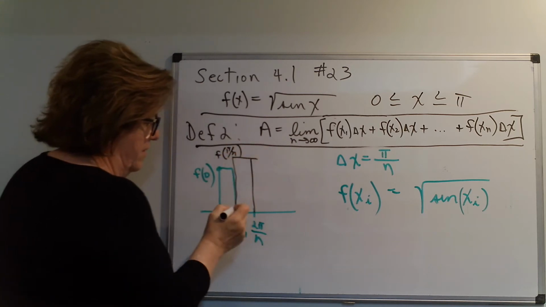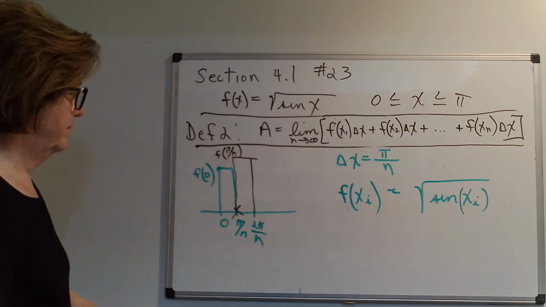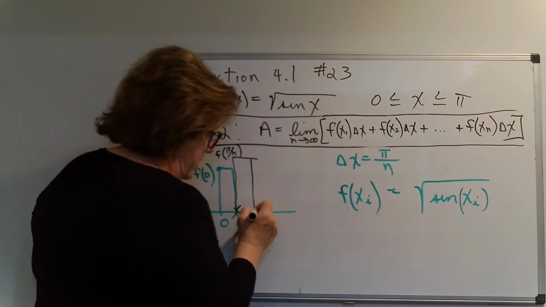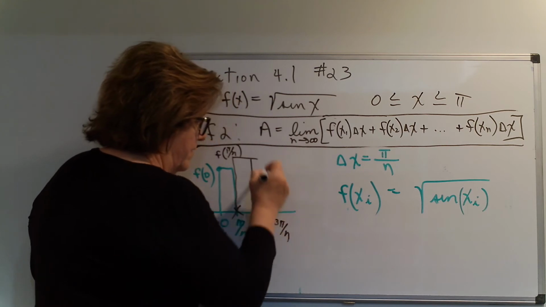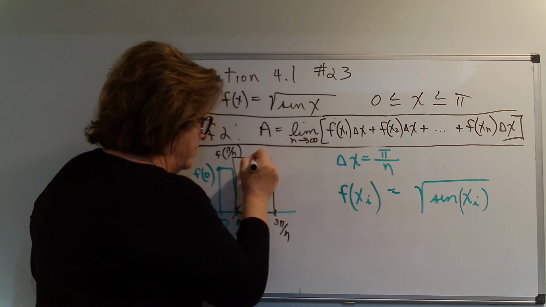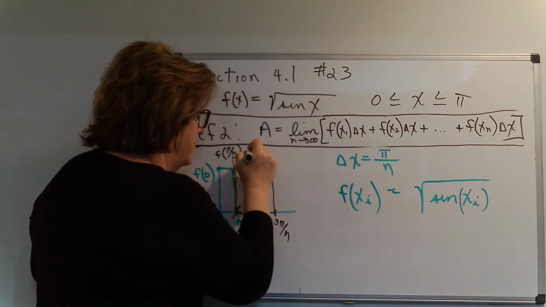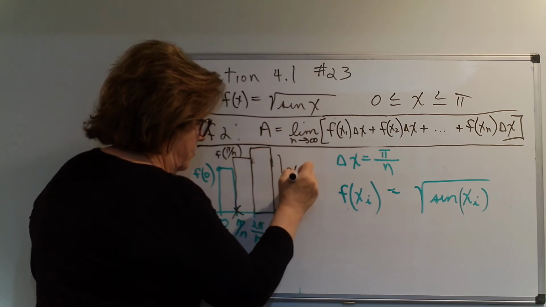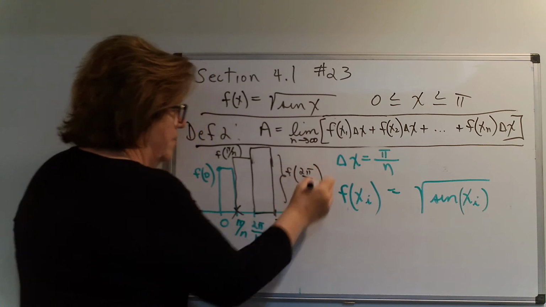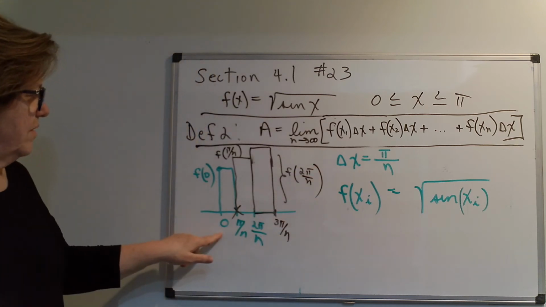This first value here, right? The next rectangle, we would go to 3 pi over n, and let's say we would be this high. So our height would be f at 2 pi over n.